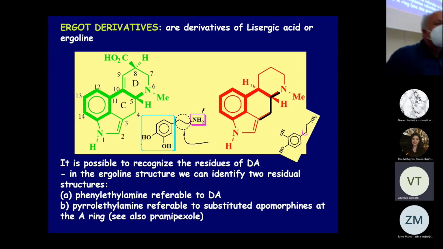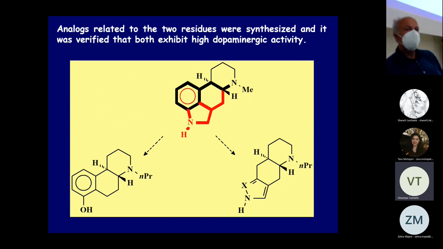And they tried to verify which of the 2 parts is responsible for the dopaminergic activity. So the scientists synthesized the 2 different parts of the molecule to verify which of the 2 parts was responsible for the dopaminergic activity.